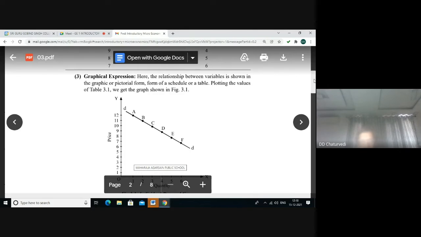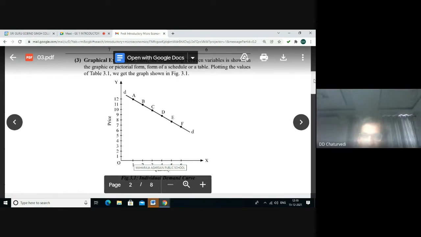Then we have graphical expression. Here we show the relationship between the variables in graphical form. You must have studied in the demand chapter that the demand curve is nothing but the graphical representation of the demand schedule. So whatever relationship that we study through the demand schedule can also be plotted on graph paper.